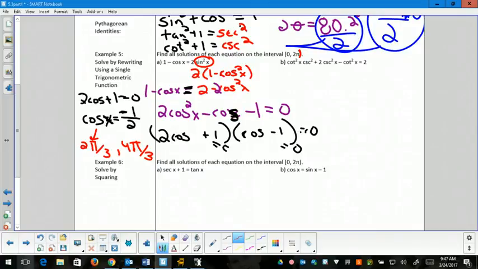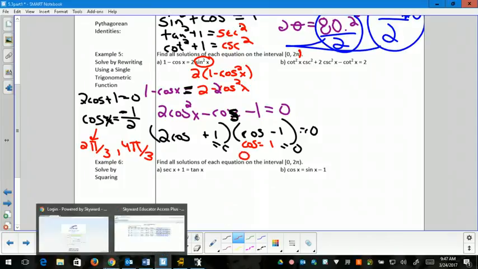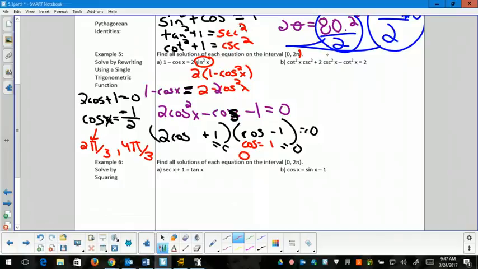And the other one, cosine equals 1. Cosine equals 1 at only one place, and that's at 0. Or 2 pi? Can we do 2 pi? No. If it were 0 to 2 pi, that's the mistake we made yesterday. If it were that, then we would include 2 pi also.